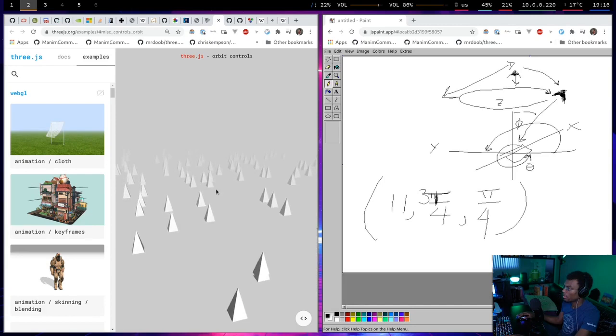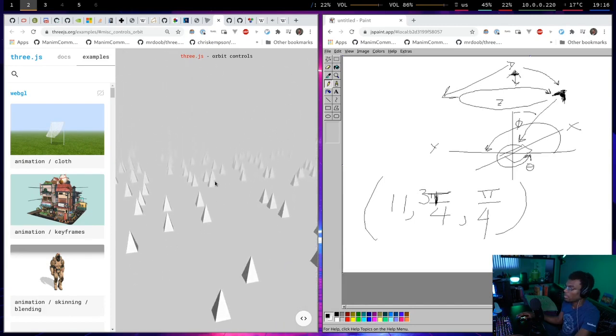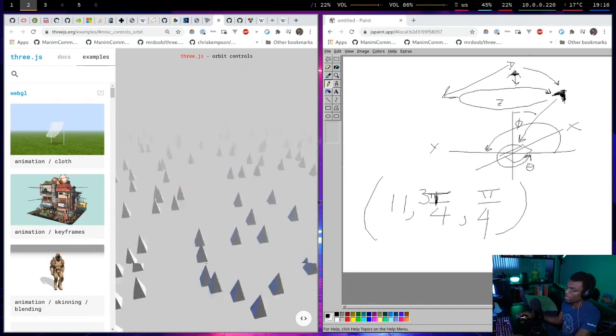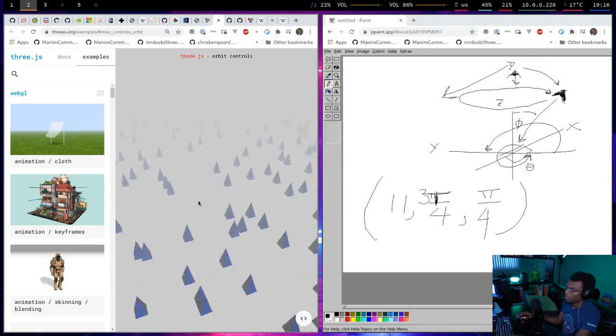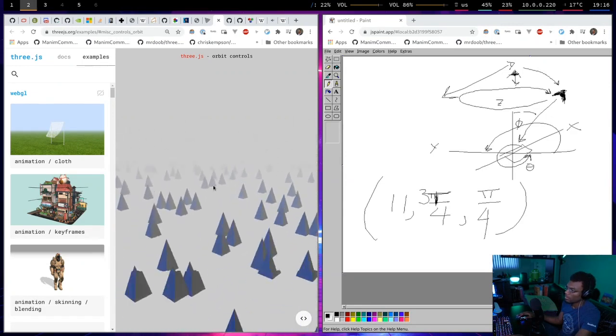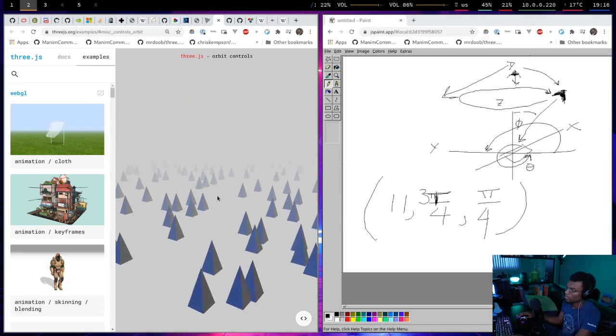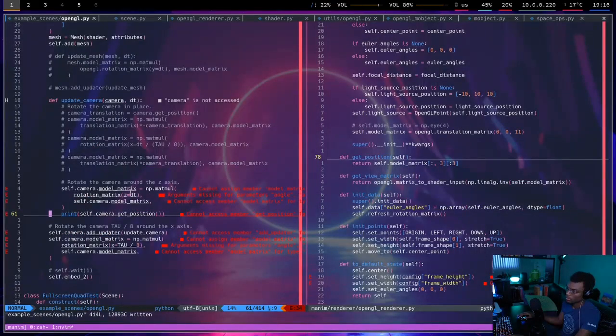But I think this... Well, this isn't multiplying... This isn't rotating around the x-axis, because the x-axis is rotating in this plane. So what is this rotating around? Maybe I will need a quaternion.